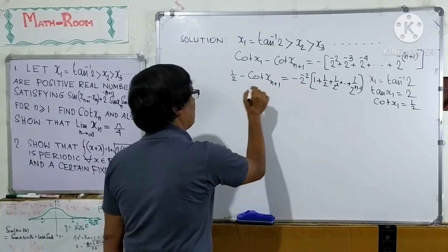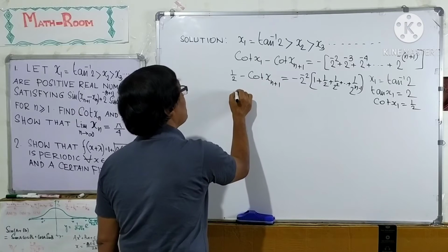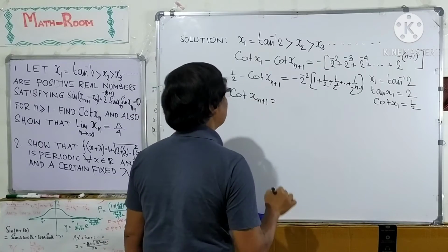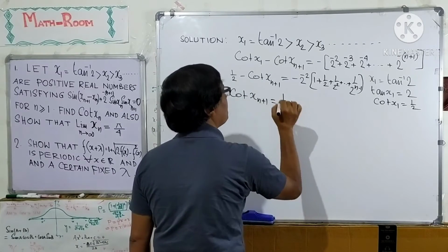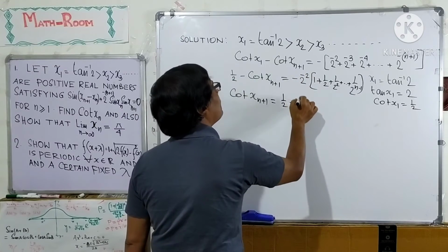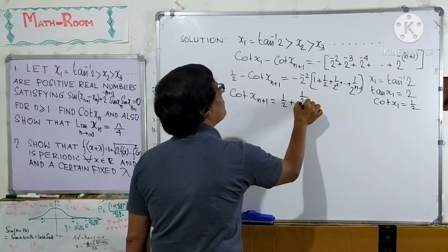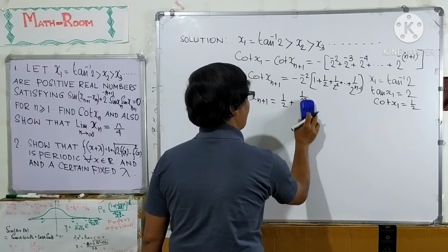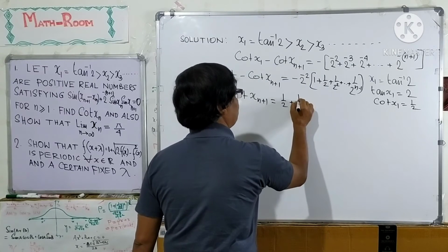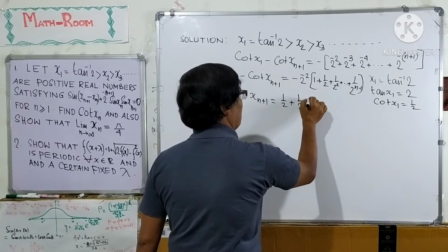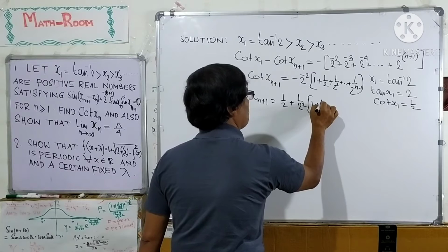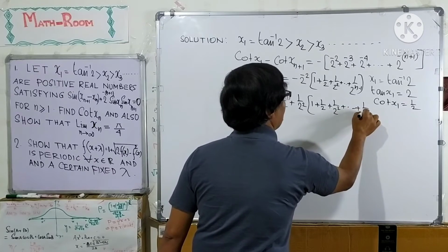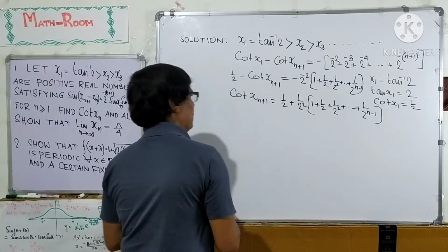Now, we can also write cot xn plus 1 equal to half plus 1 over 2 square into 1 plus 1 over 2, 1 over 2 square, and so on, up to 1 over 2 to the power n minus 1.